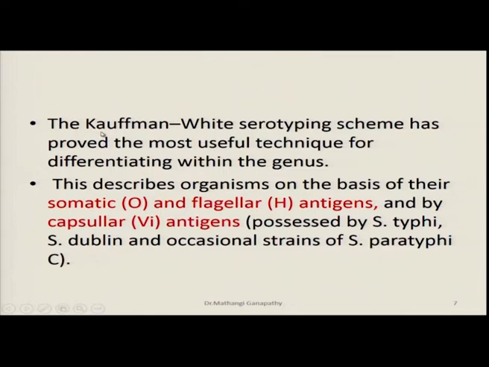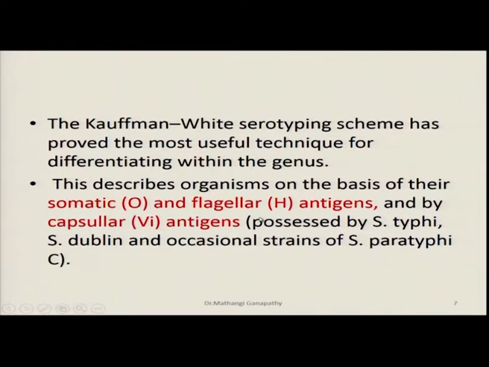How do you distinguish the various species in this genus? For that we have a specific scheme called the Kauffmann-White serotyping scheme, which describes the organisms on the basis of the somatic, called the O antigen, the flagellar, which is the H antigen, and then the capsular antigen.